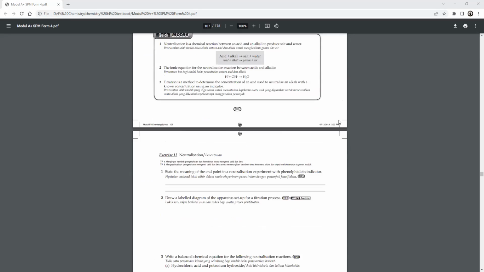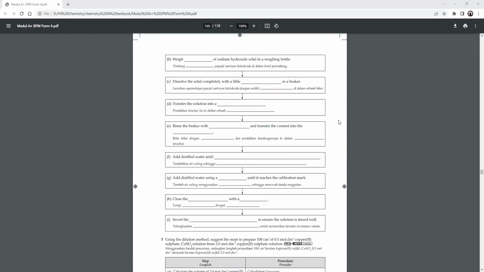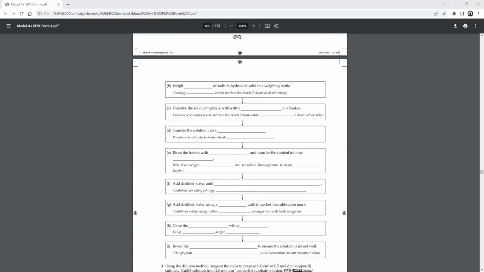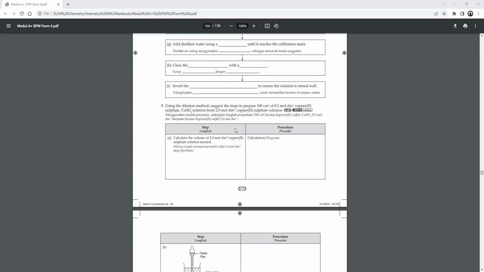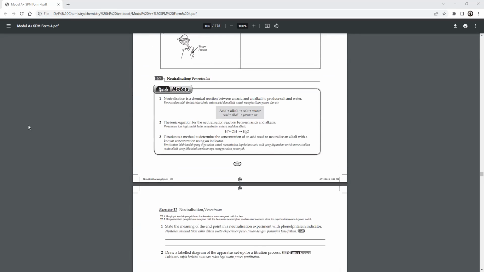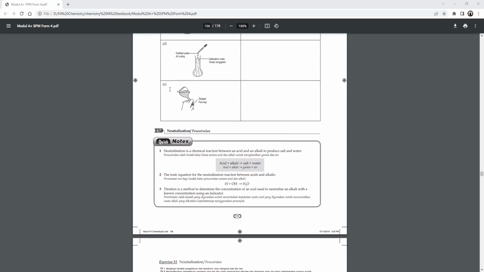We do until here, right? Wait, I double check. Yeah, already. Neutralization. Okay. Until E. Yes, finished until E.